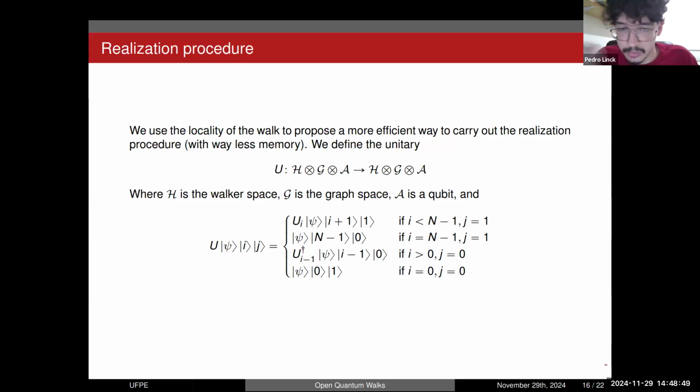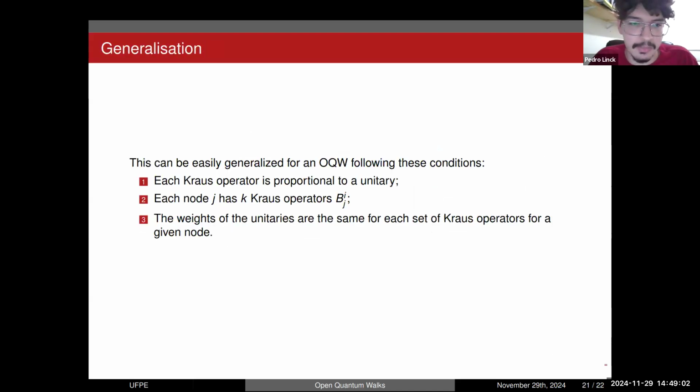We just have to use, instead of a qubit, a qudit, where the qudit has dimension k, the number of Kraus operators you have in a particular node.